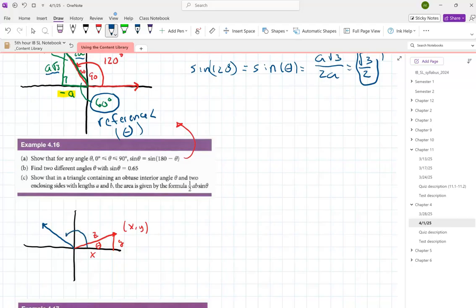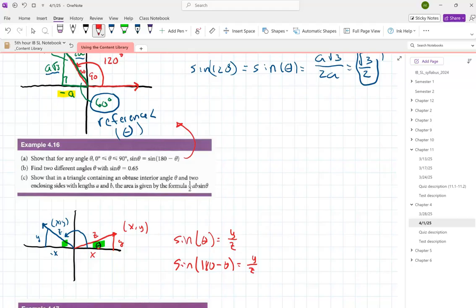If I do sine of 180 minus theta, that's still the point xy, because this angle and this angle still have to be the same. So sine theta is y over z, and sine of 180 minus theta is still going to be y over z.